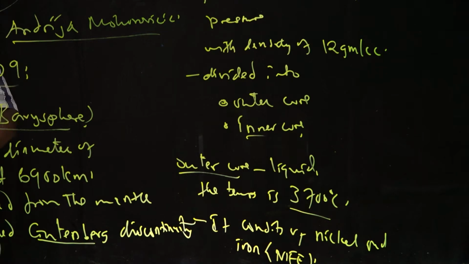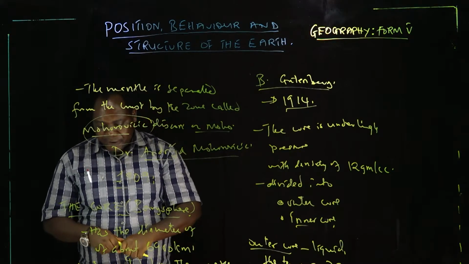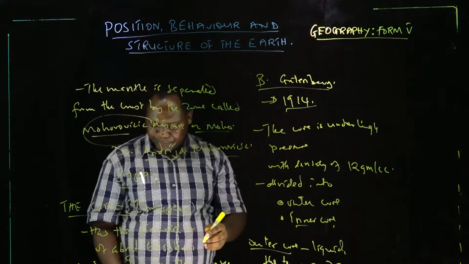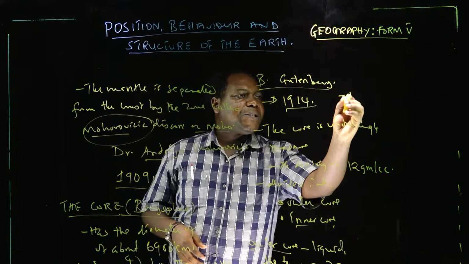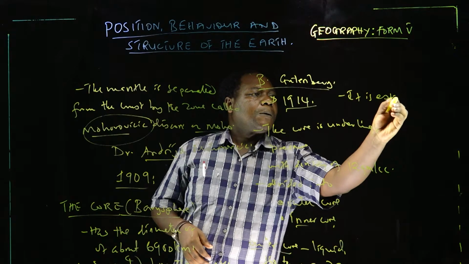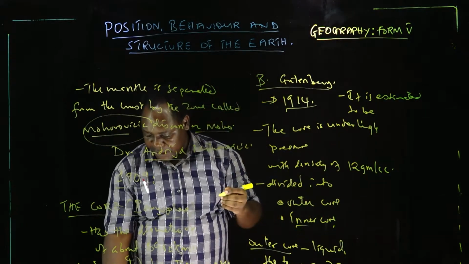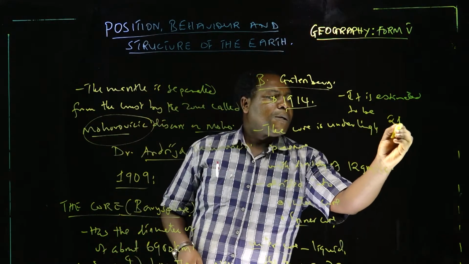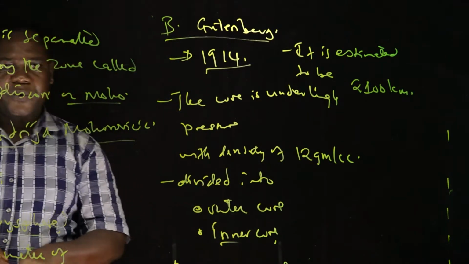The minerals making the core are nickel and iron. These are the dimensions of the outer core.